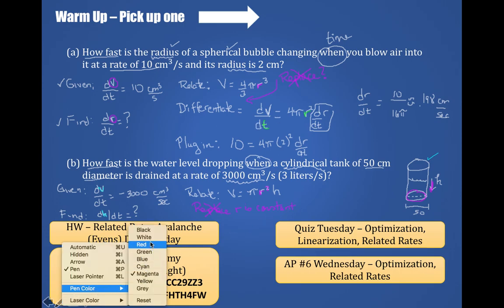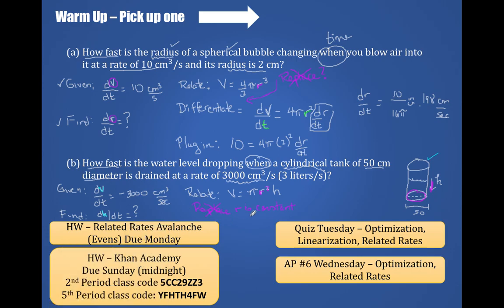So I was worried for a minute, but I don't need to replace R in terms of H. I can substitute before calculus because the radius is constant. You best not put 50 in there, right? Radius is 25.